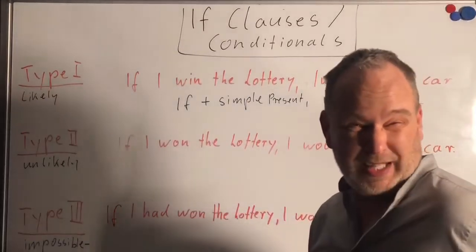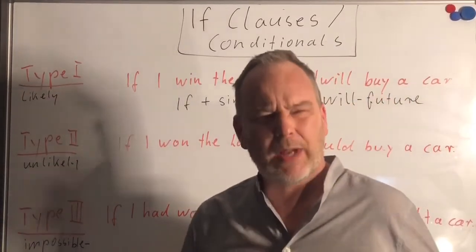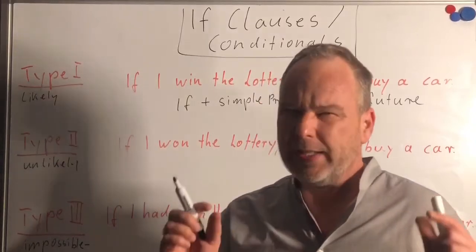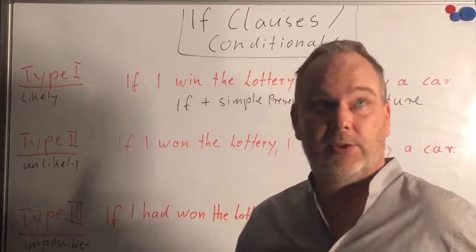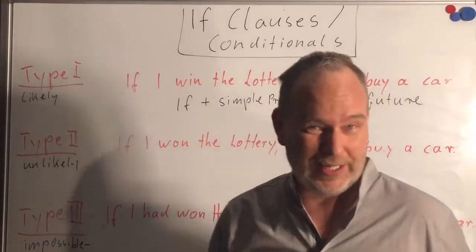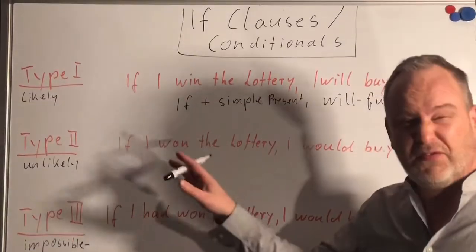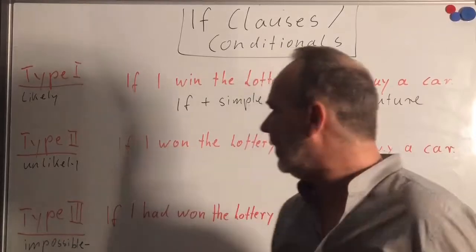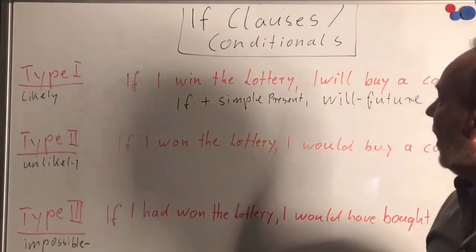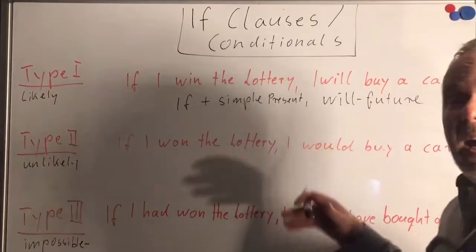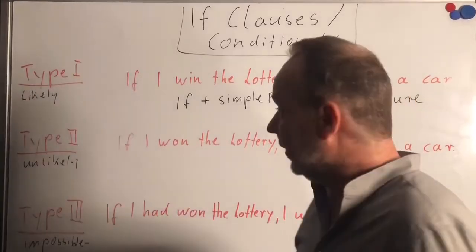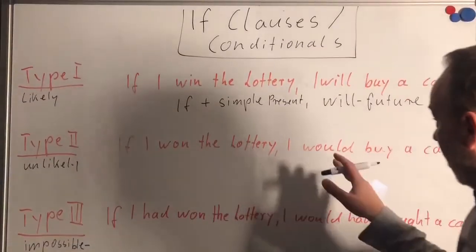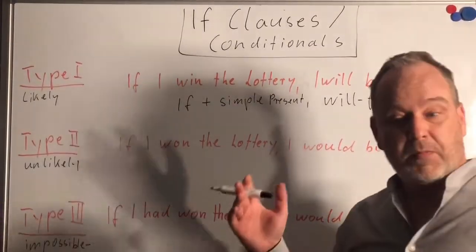I'm assuming the chances to actually win the lottery are quite small, I guess 1 in 100 million, something like that. But if by small possibility it should happen that I win the lottery, then I would actually buy a car. Okay, so if I won the lottery, I would buy a car.